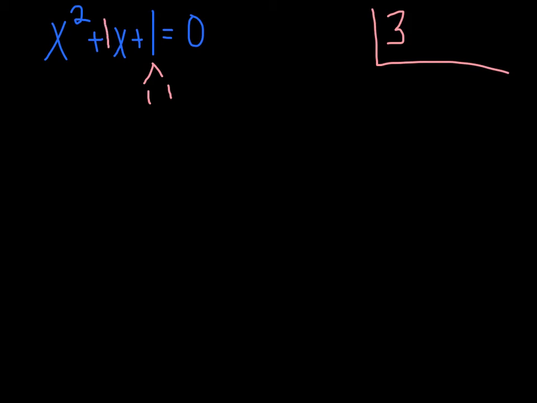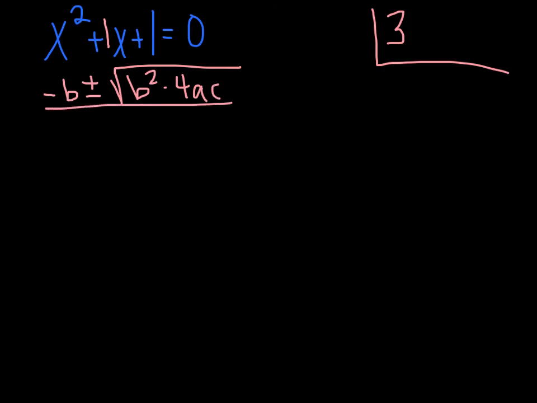No. So we're going to have to use the quadratic formula. The quadratic formula is -b plus or minus the square root of b squared minus 4ac, all over 2a. Our a in this trinomial is 1, the b is also 1, and the c is 1.